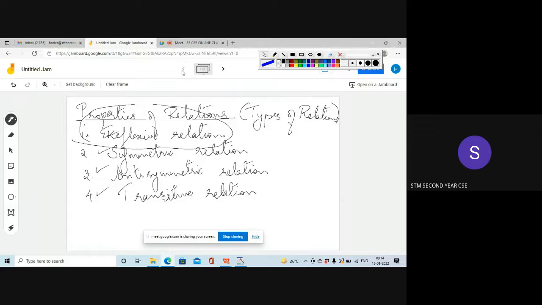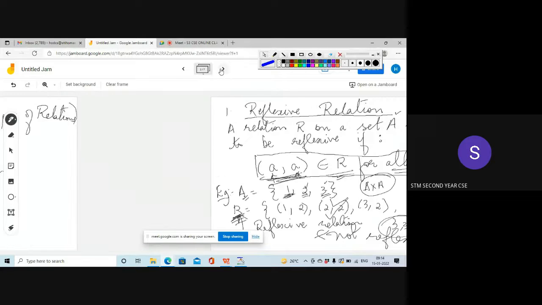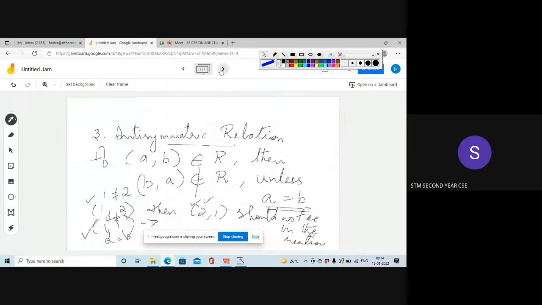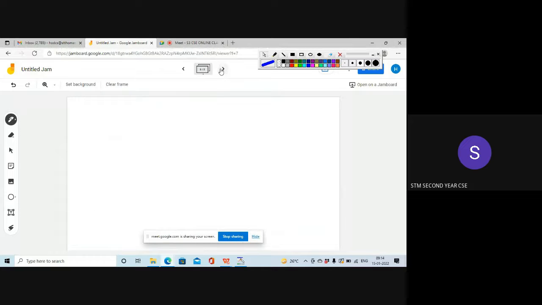I think you wrote it down yesterday and you calculated the value also. Just note it, okay? If a set has n elements, then there will be 2 raised to n squared minus n reflexive relations on that set.